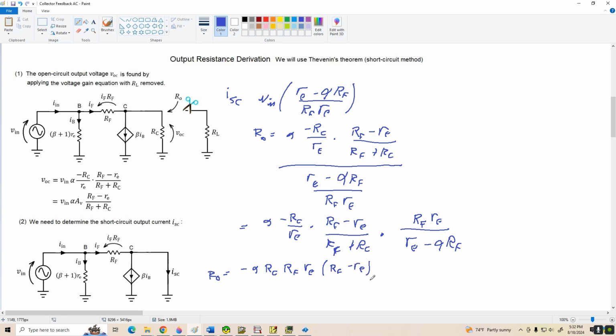And this whole thing is divided by little re times RF plus RC times little re minus alpha times RF. All right, and we're going to cancel out these two little re's. And let me clear the decks and we'll write our final equation here.